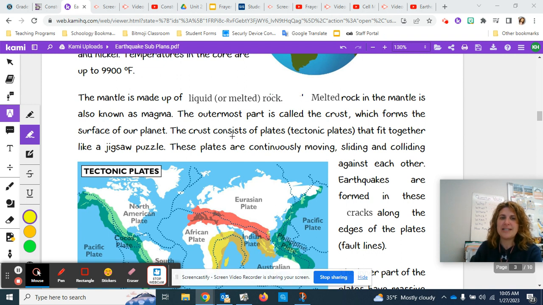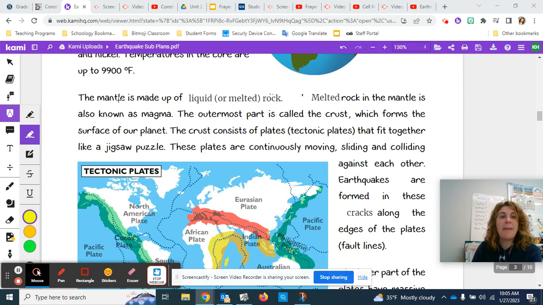The crust consists of plates or tectonic plates that fit together like a jigsaw puzzle. These plates are continuously moving, sliding, and colliding against each other. Earthquakes are formed in these cracks along the edges of the plates, which are called fault lines.